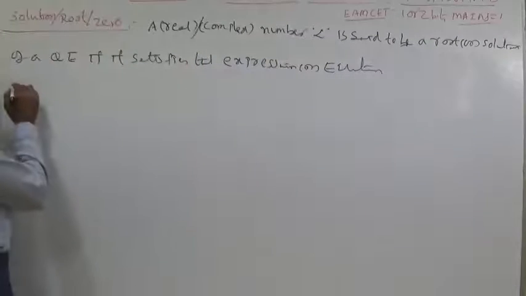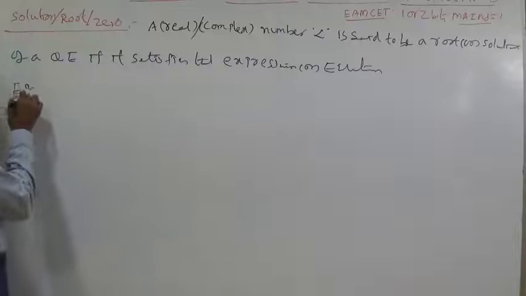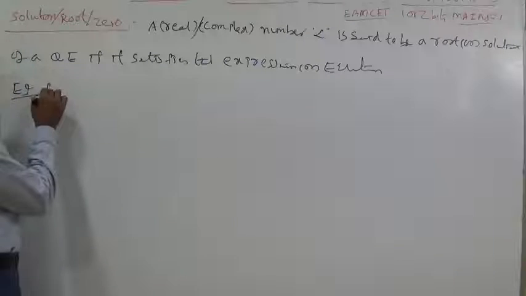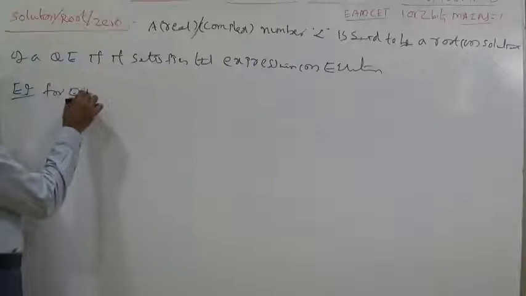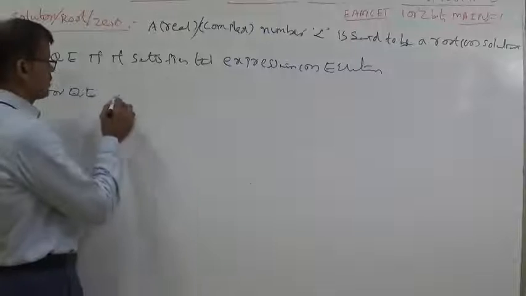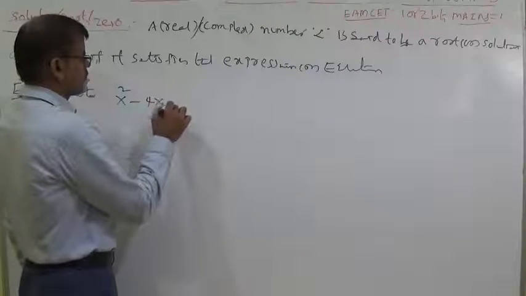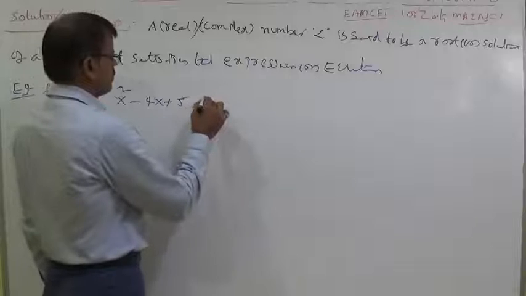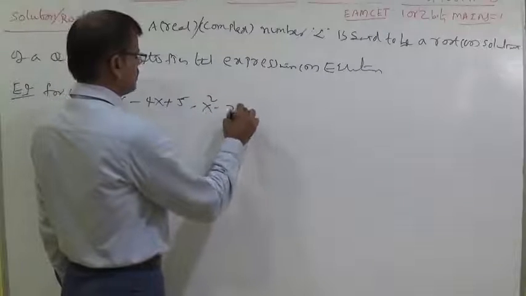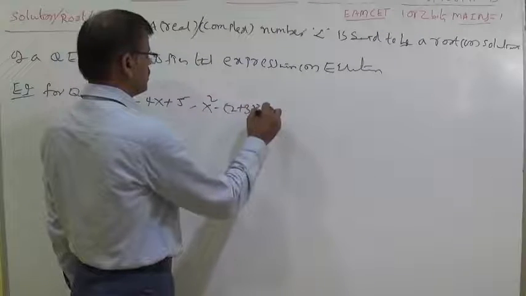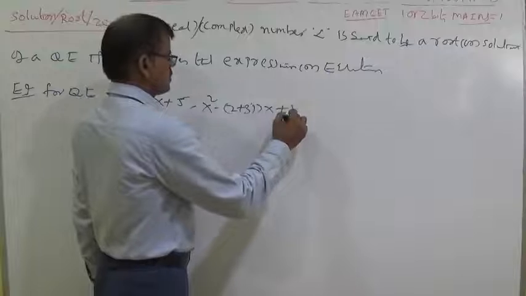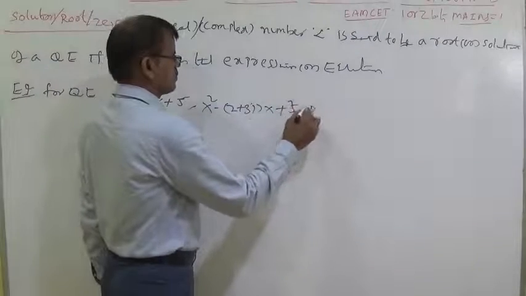Let us take an example. First of all, we can take examples for a quadratic expression: x square minus 4x plus 5, and x square minus (2 plus 3i) into x plus 3 square equal to 0.